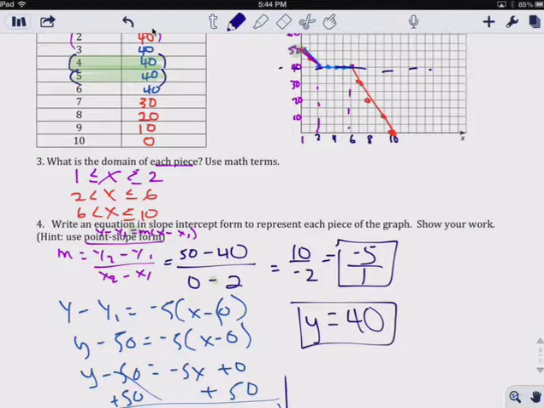Okay, now I'm going to choose 2 more points. So for this, I'll choose 6, 40 and 10, 0. It's my easiest.